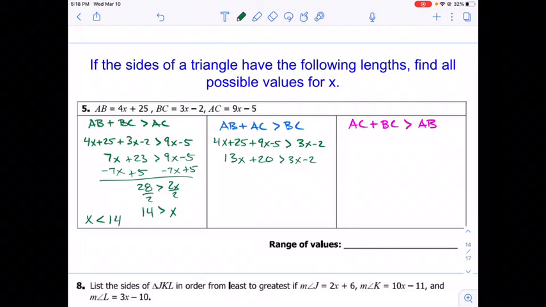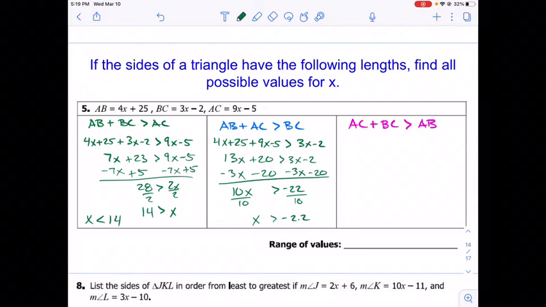Bring down the 3x minus 2. So now I'm going to bring the 3x over by subtracting 3x. So 10x is what we get. We're going to subtract 20. So we get 10x is equal to negative 22. And we divide by 10. X is going to be negative 2.2.